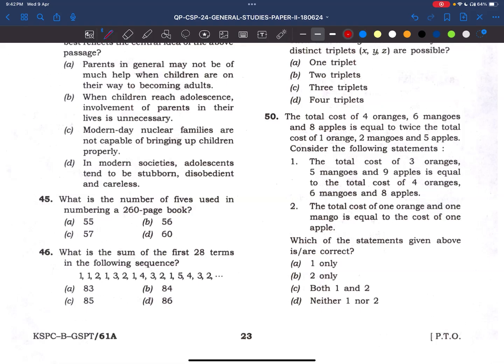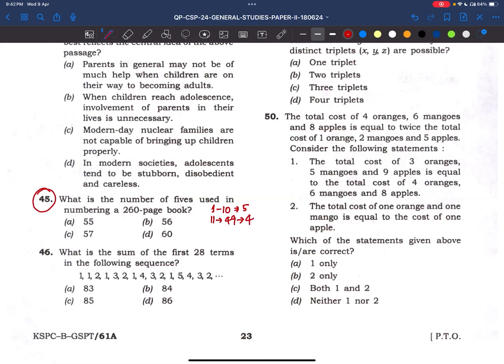What is the number of fives used in numbering a 260-page book? Now from 1 to 10 there is only one five, right? Similarly from 11 to 49, how many? 15, 25, 35, 45.